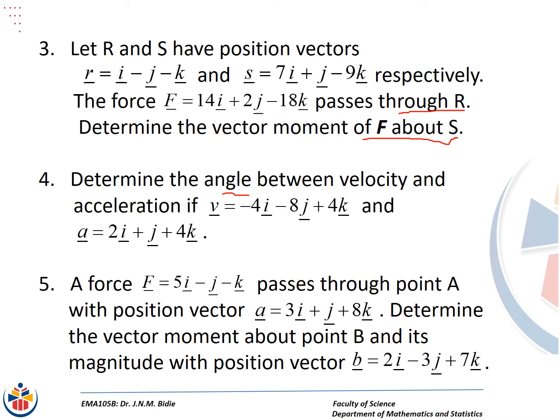F passes through the point A. You're supposed to determine the moment about point B. So it means B is the initial point and A is the terminal point. So please always remember the moment is always sought about the initial point.